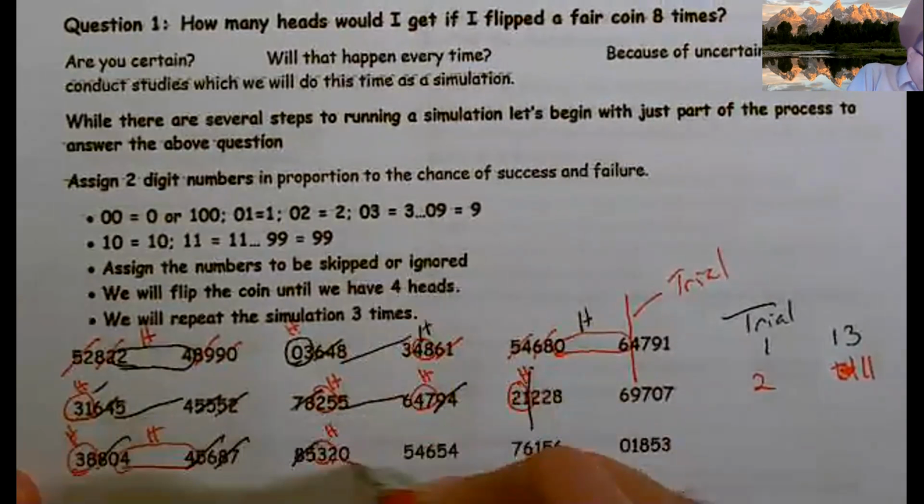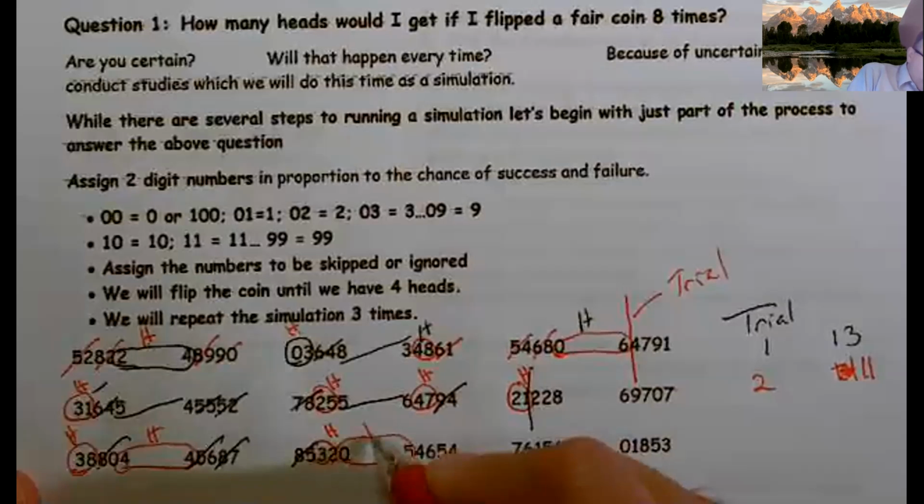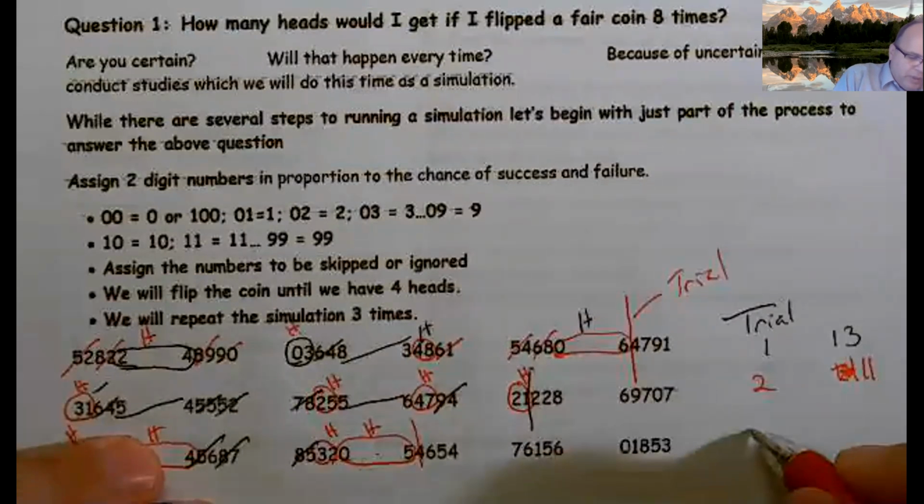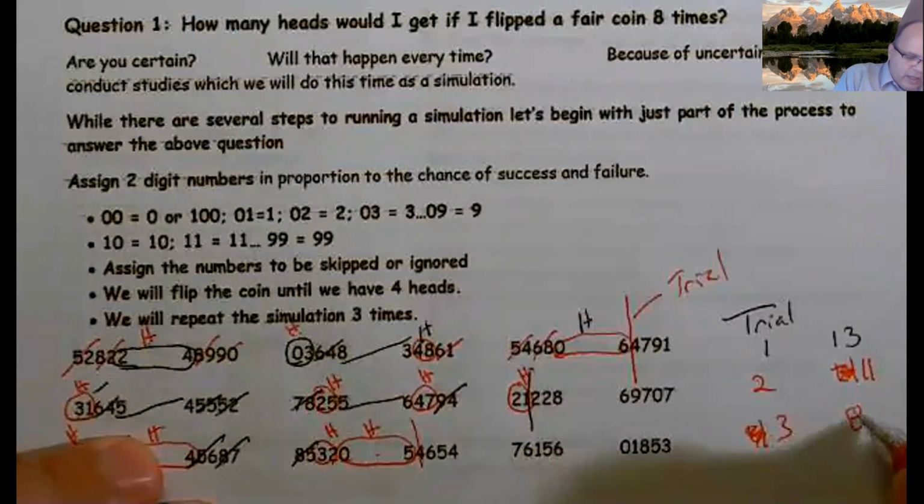And then I have 05, which is also a head. So that ended my trial, and I had to, how many components? 1, 2, 3, 4, 5, 6, 7, 8. So in this case, on trial number 3, I had to flip it 8 times.